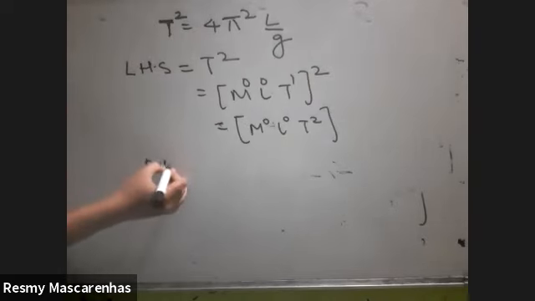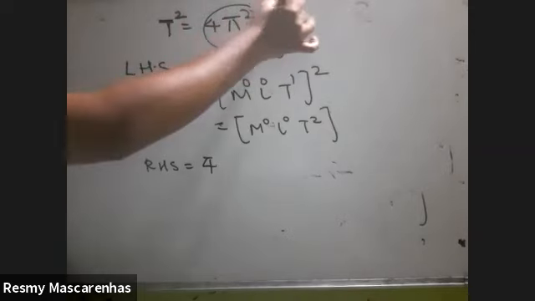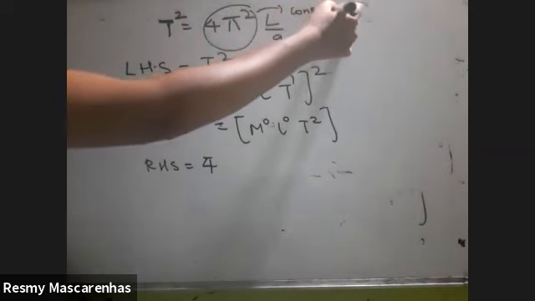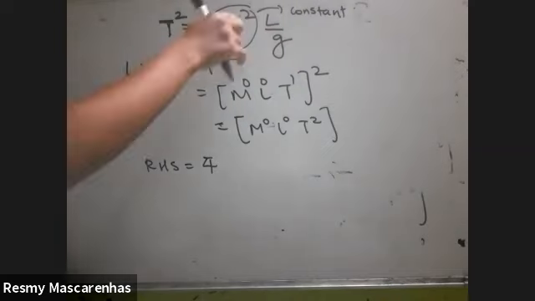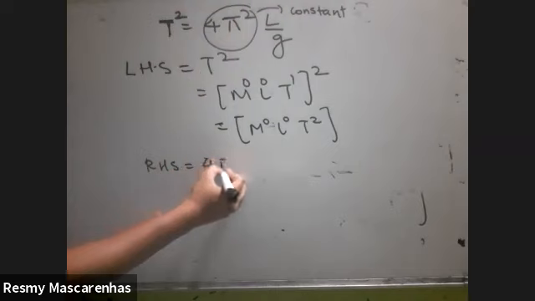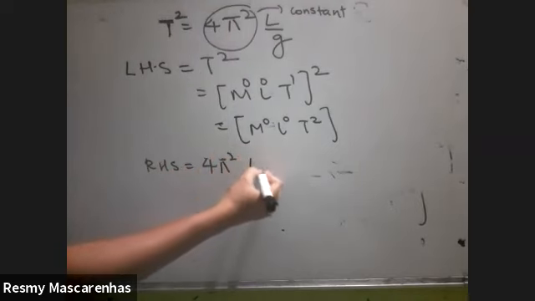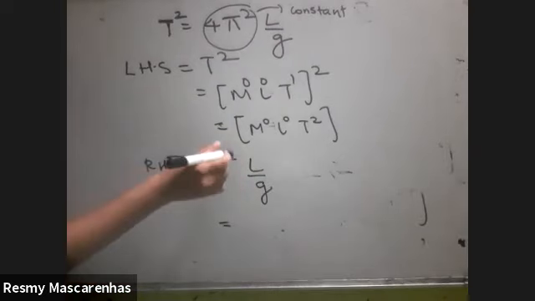Right hand side, 4 pi square is a constant, because you know pi value is 3.14, so it's like a number only. Although we write it in the formula, while checking for the dimensions, you can ignore this part.